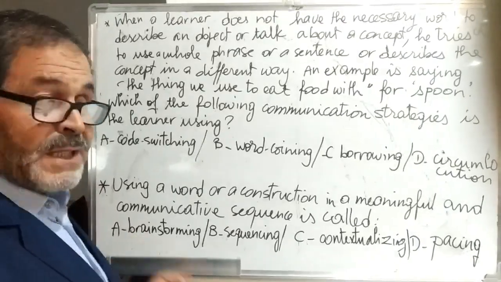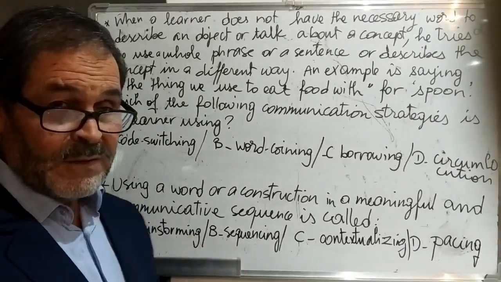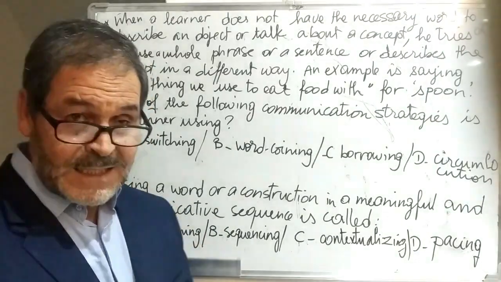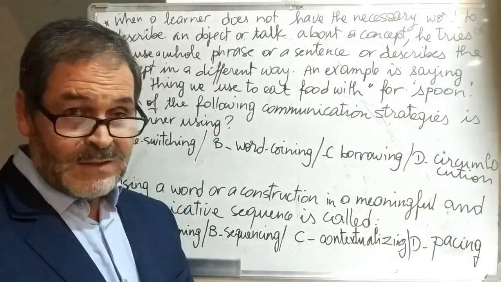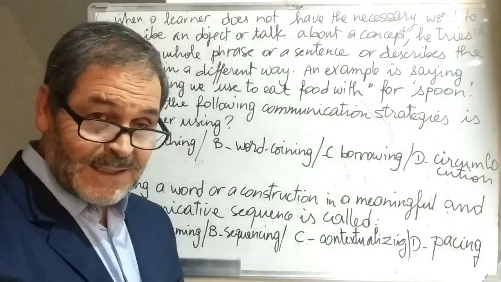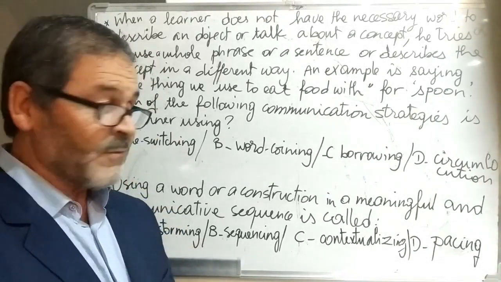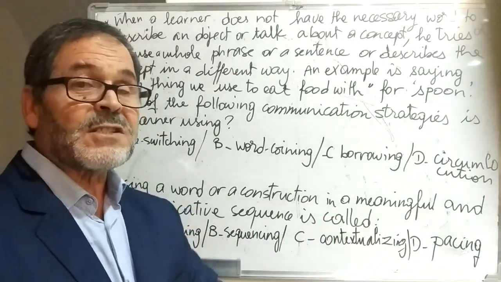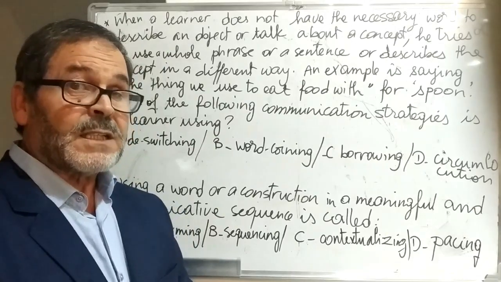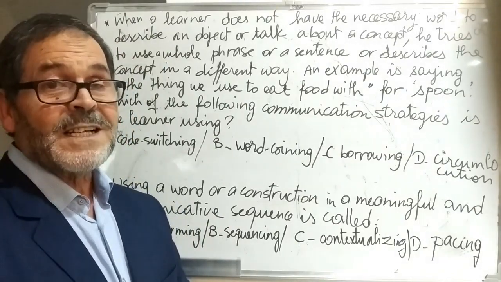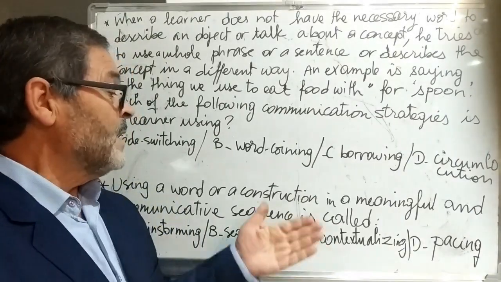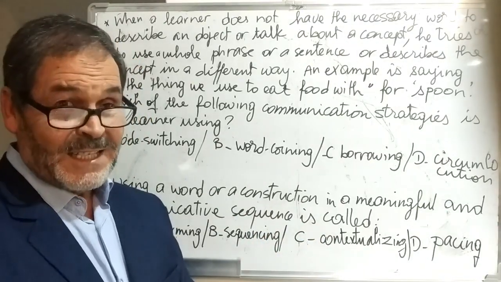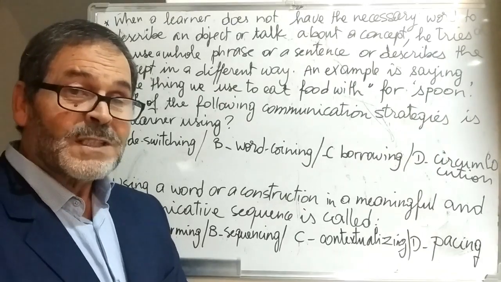Brainstorming is an activity given before reading or before listening to prepare students. Sequencing is in writing, when we write paragraphs: sequencing of ideas, sequencing of paragraphs. And pacing, we say slow or quick: when the teacher is slow or quick in his teaching, we talk about pace. So it is contextualizing.